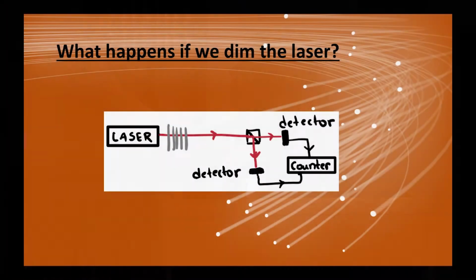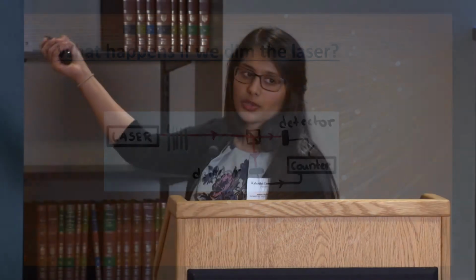So what I did is I used a laser. I sent it through what we call neutral densities. Neutral densities are essentially used to dim your light. They reduce the intensity. So when I send my laser through a neutral density and through a beam splitter, remember that I was talking about having single photons when I'm dimming the light, or I'm hoping there would be.